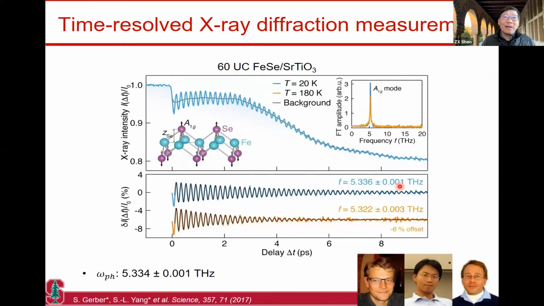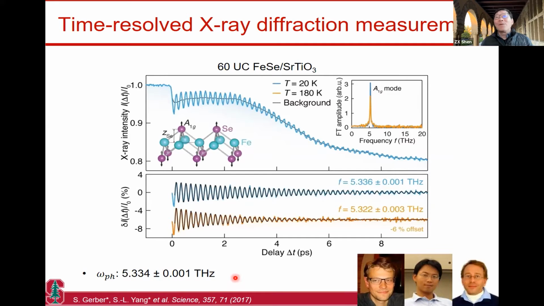So here's the plot showing the pump-probe X-ray diffraction intensity. And you can see that aside from this sort of background, you see beautiful oscillations of the vibration, in this case in the time domain. And if you do a Fourier transform, indeed, you see a mode, the A1g mode, at a frequency of 5.33 terahertz.